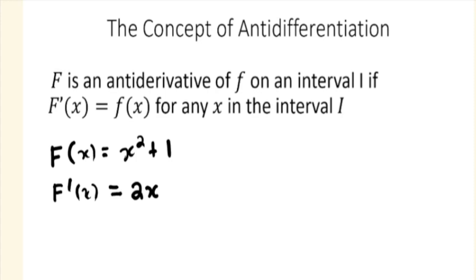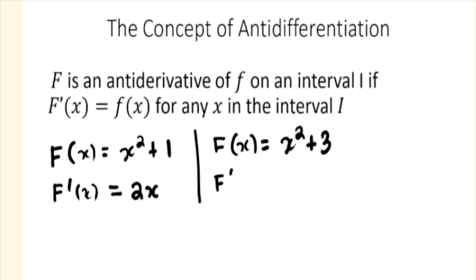So sana na-realize nyo na hindi. Kasi kapag pinalitan ko tong constant term na to, let's say x squared plus 3, if we get its derivative, this would still be equal to 2x. Isa yan sa mga kailangan na alala nyo na ang derivative ng constant ay equals sa 0.